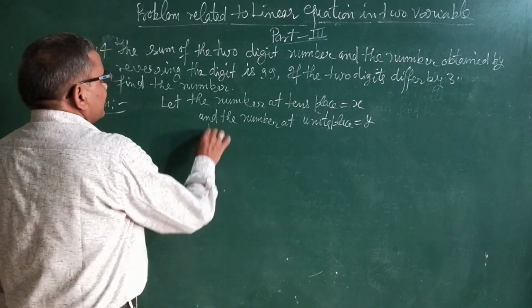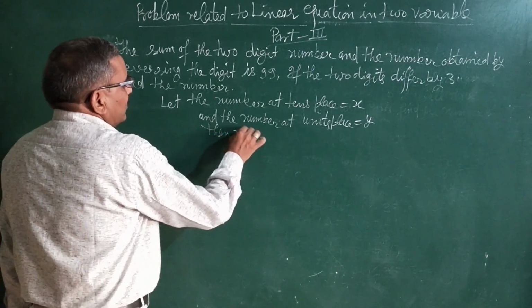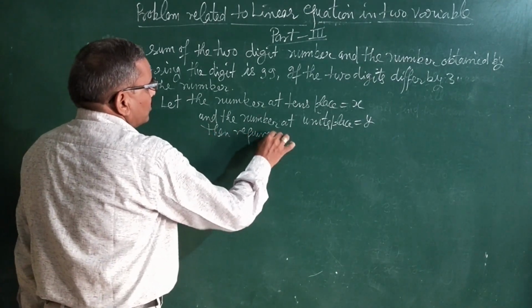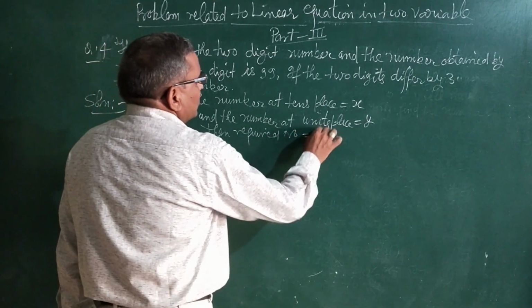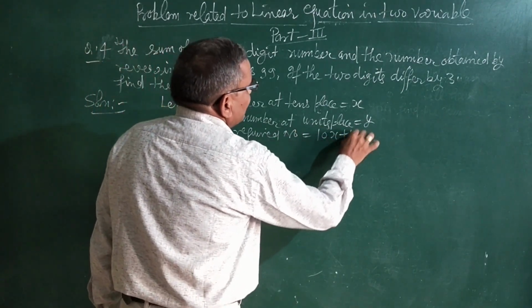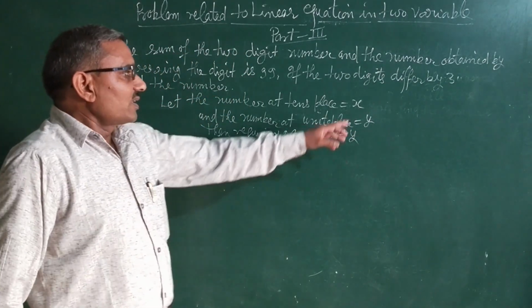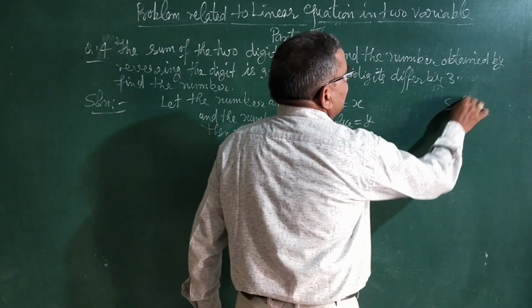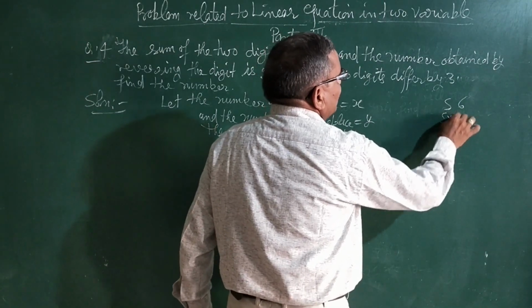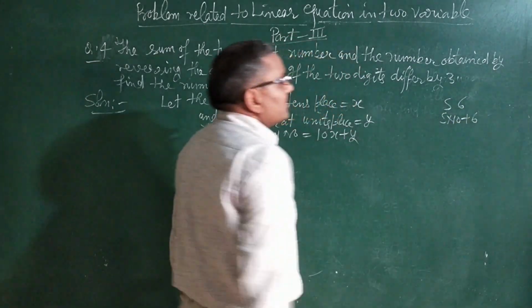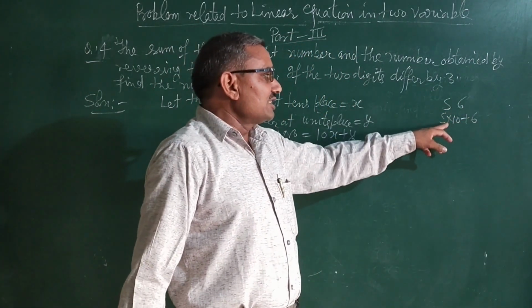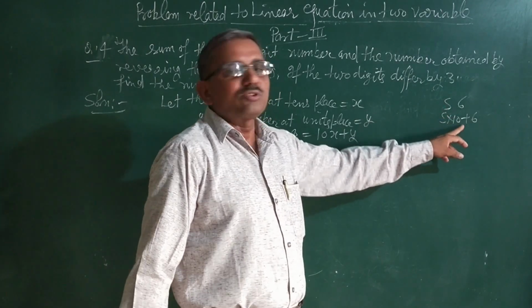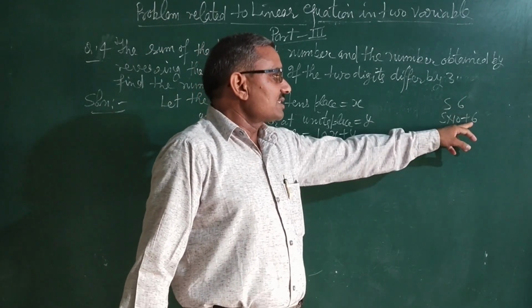Then the required number is equal to 10x plus y. Because suppose that there is a number 56. 56 means 5 into 10 plus 6. Because 5 is at tens place, the value of 5 is 5 into 10, plus 6.